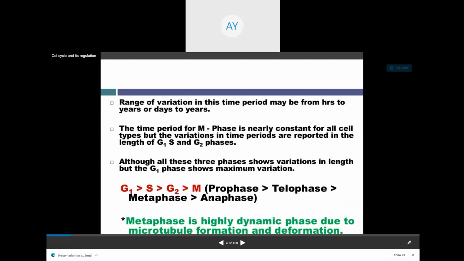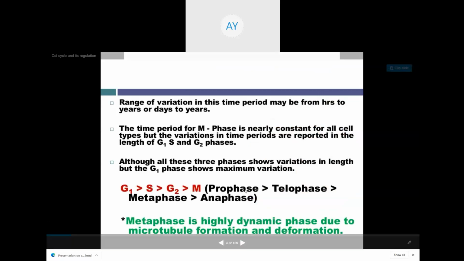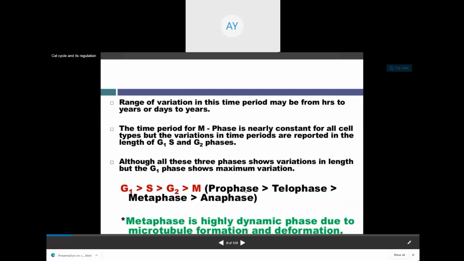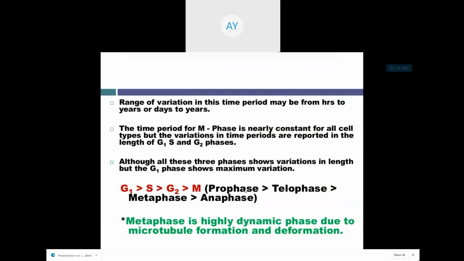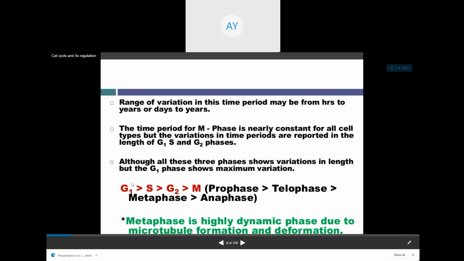It is depicting how much time each stage takes, in descending order, the duration of time taken by the cell in each stage. Okay, so the maximum duration is taken by G1 phase, then S phase, then G2 phase, then M phase.